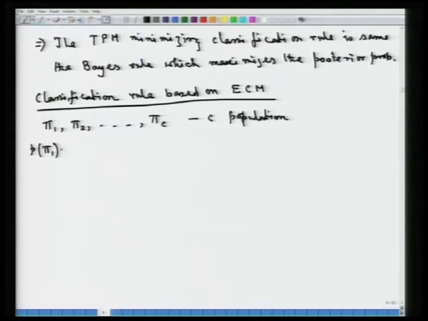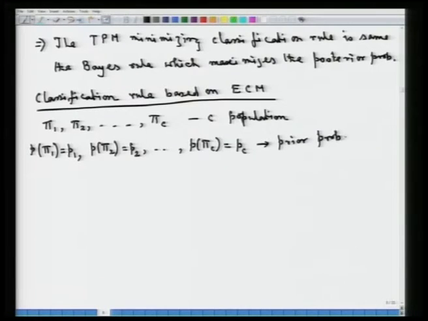these as the prior probabilities. Let us write p pi 1 to be equal to p 1, p pi 2 to be denoted p 2, and p pi c, which is the prior probability of the cth population, given by p c. So, these are the prior probabilities of the populations.